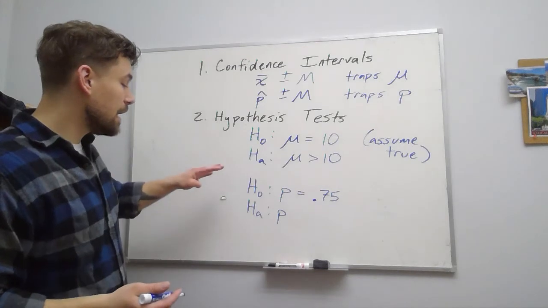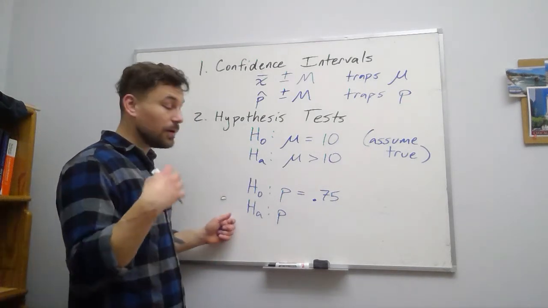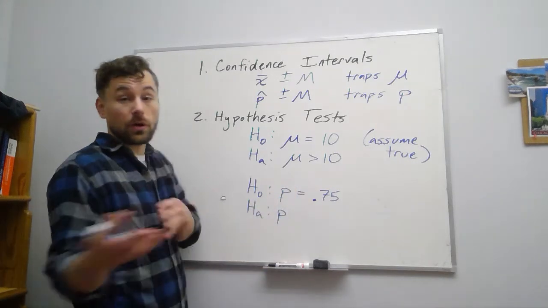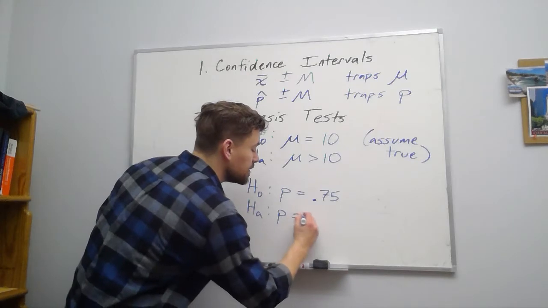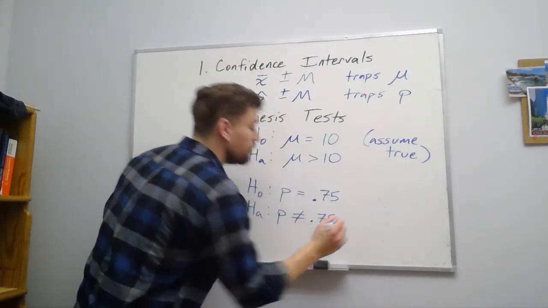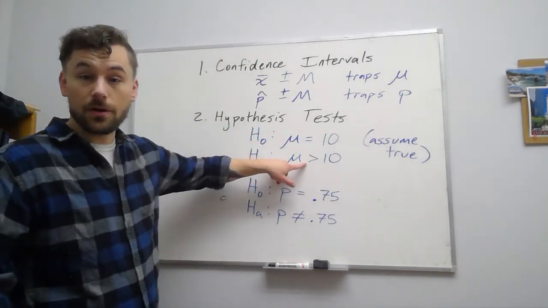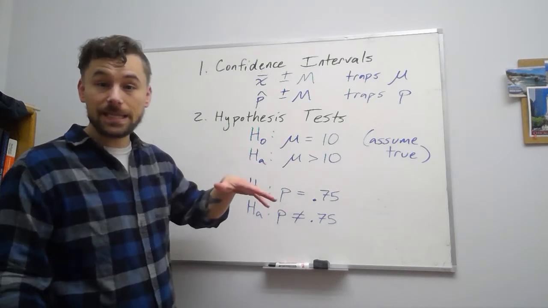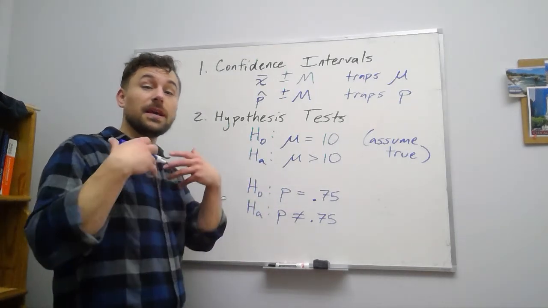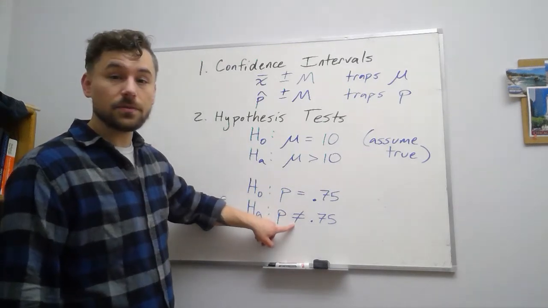And then maybe it's the case that we're not really sure if we're going to get 75%, we're just trying to figure out if it's 75% or not. So we could say something like not equal to 0.75. If we have a reason to believe the value has gone up or gone down, we could use greater than or less than. If the language of the problem doesn't say that, or if we're just thinking maybe there's some kind of difference, some kind of change, we'll say not equal to.